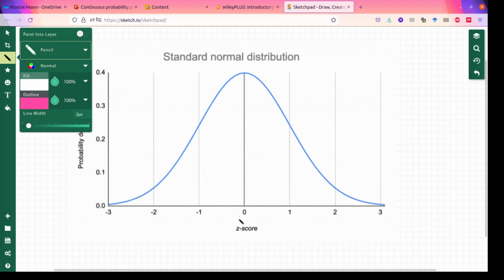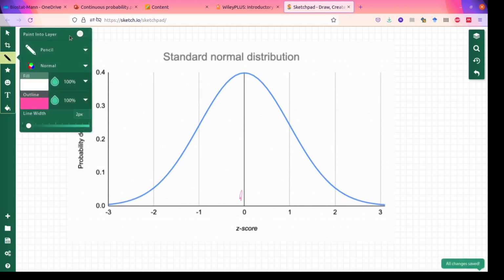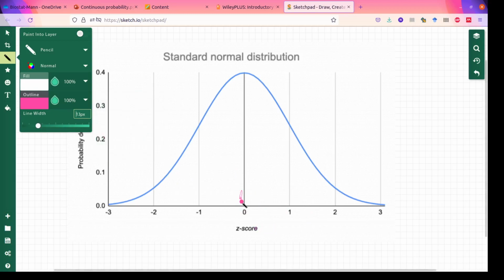Let's look at the left of 0. It's too small, so let's increase my pen size. Pen number 9 is too large. I think this one is good enough.